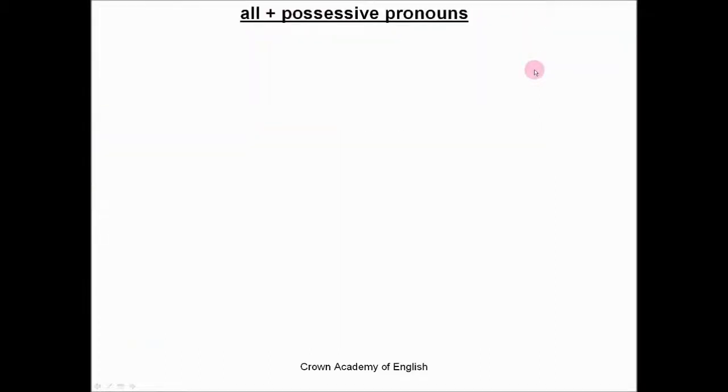Now, there are just another couple of exceptions. We cannot always use all and every for the same uses. Sometimes we can only use the word all. One example is if we want to use a possessive pronoun, then we can only use the word all. We cannot use the word every. So what is a possessive pronoun? Well, here they are.